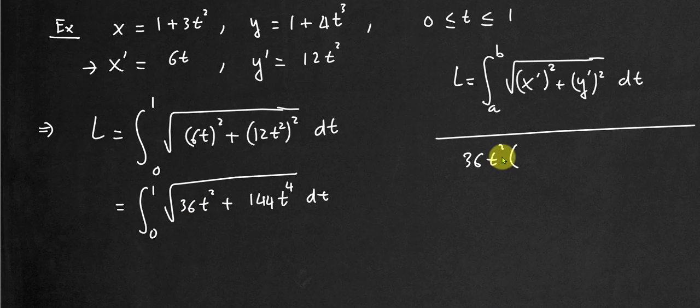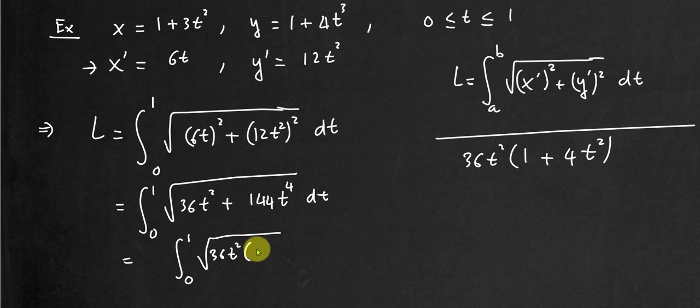And if I factor this out, 36t squared, I have 1, and 144 divided by 36 gives me 4. When I pull out t squared, I have t squared left here. And now I'm ready to simplify this integral 0 to 1, and I have 36t squared times 1 plus 4t squared, and then dt.